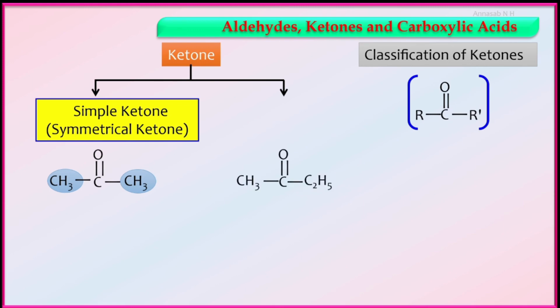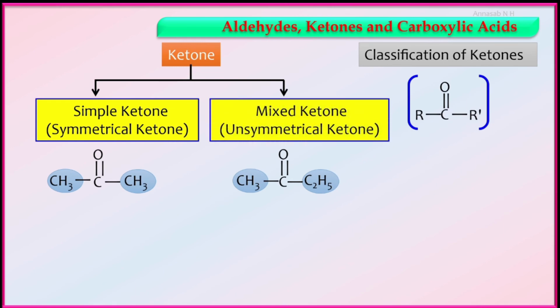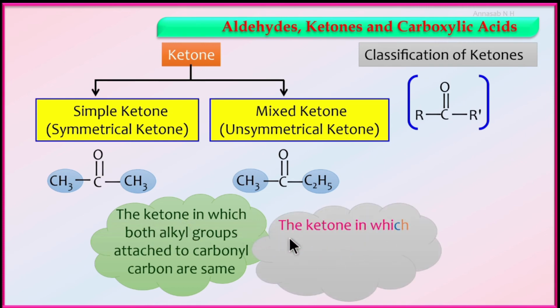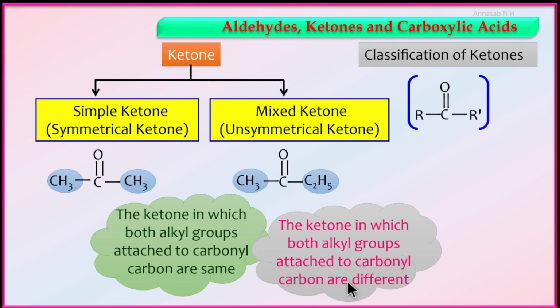If they are different, as one is CH3 and another is C2H5, such ketones are known as mixed ketones or unsymmetrical ketones. By definition, ketones in which both alkyl groups attached to the carbonyl group are the same are simple or symmetrical ketones, and ketones in which both alkyl groups attached to the carbonyl carbon are different are mixed ketones.